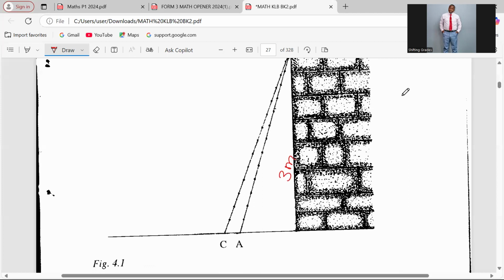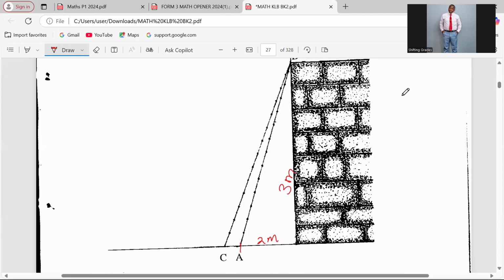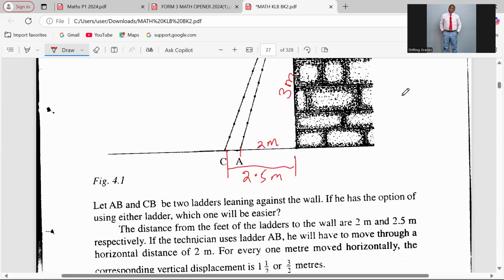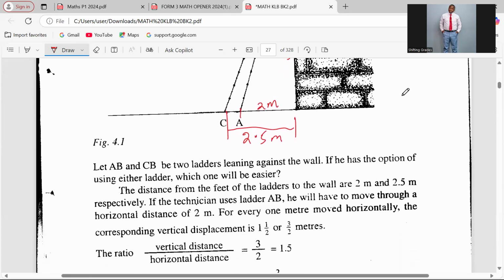Ladder AB, which is 2 meters from the vertical wall. Then another ladder CB, which is a bit far from the wall, and that is 2.5. So we are told to let AB and CB be 2 ladders leaning against the wall.